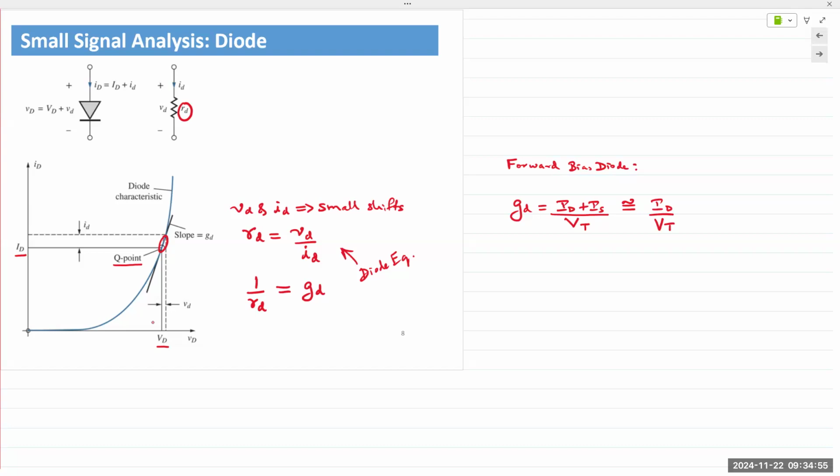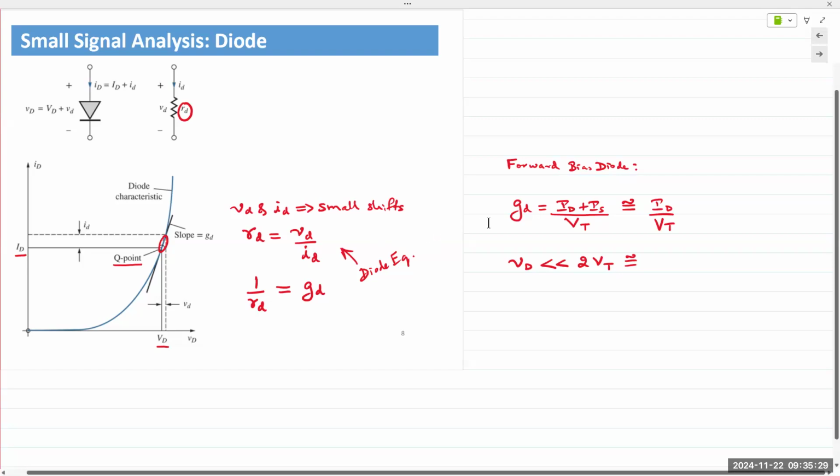So how small does the signal need to be in order to apply the small signal model? We derive that and obtain that VD must be far less than twice the thermal voltage. A common value at room temperature is about 25.8 millivolts, or as our book uses, 25 millivolts.